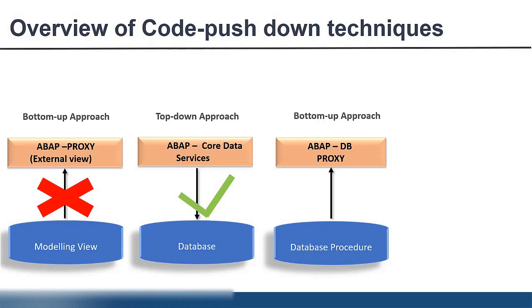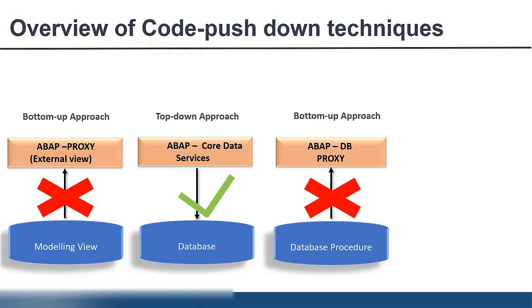You can handle complex scenarios through database procedure because you can write multiple SQL statements in a database procedure and you can have multiple input sets and multiple output sets. However, again, since this is a bottom-up approach and because of limitations of the bottom-up approach for ABAPers, this code push down technique is not recommended for ABAPers.